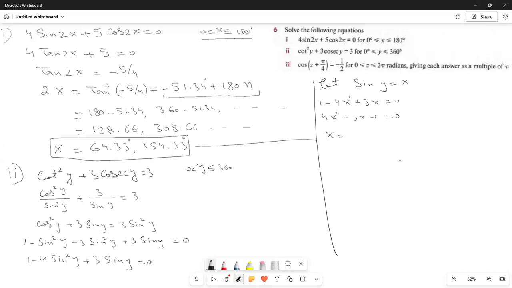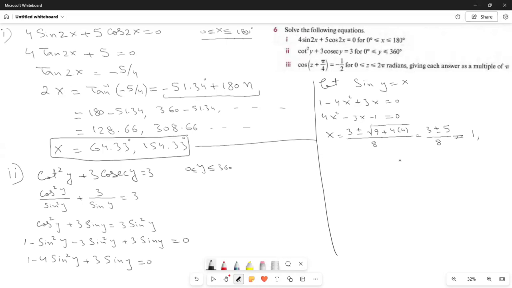So x is equal to minus b plus or minus the square root of b square minus 4ac, which will make this negative positive, divided by 2a. So this is 8. It will become 3 plus or minus the square root of 16 plus 9, which is 25, so this is 5, over 8. So one answer is 1 when I add them together.